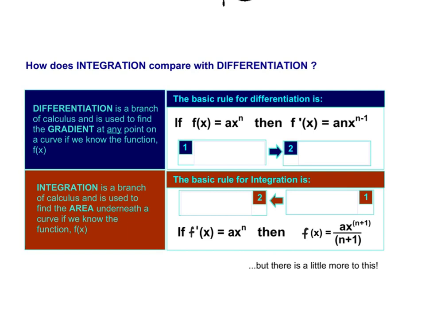So this rule here, if f of x equals ax to the power of n, then the derivative equals anx to the power of n minus 1. What we have actually done is, the first thing we do is we multiply the function by the power, and then the next thing we did was we subtracted 1 from the power.